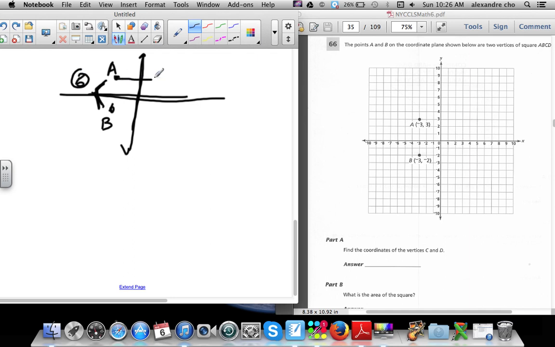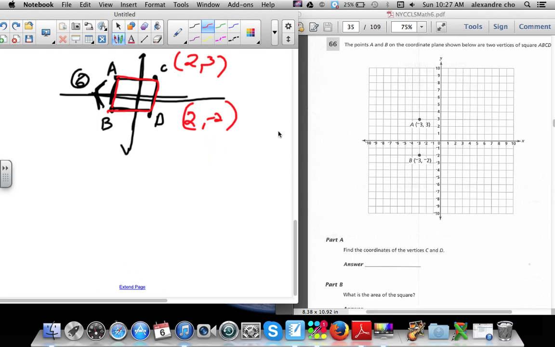So here to here should be 5, and let's call that C. And here to here should also be 5, and let's call that D. Each of these sides of your square should be 5 units. So let's see what C would be. 1, 2, 3, 4, 5. C would be 2 and 3. And D would be 1, 2, 3, 4, 5, which would be 2 and negative 2.